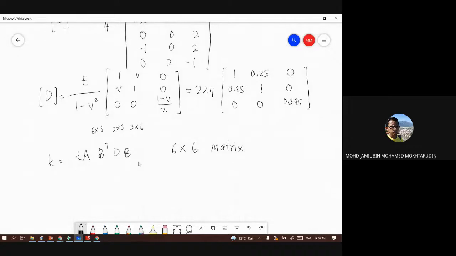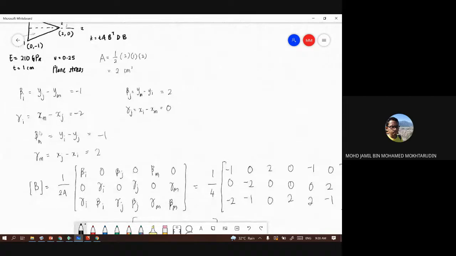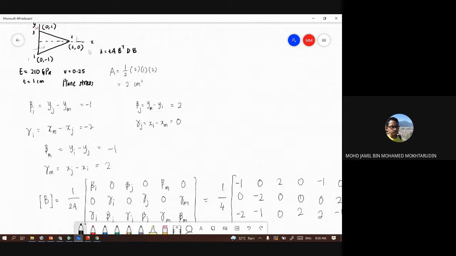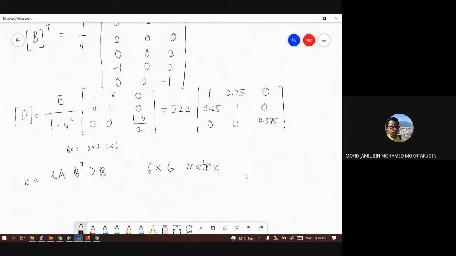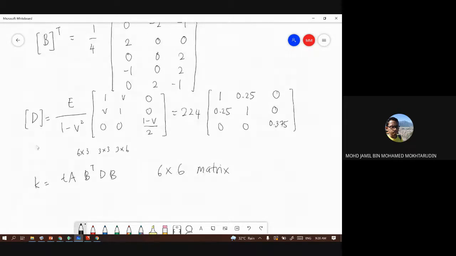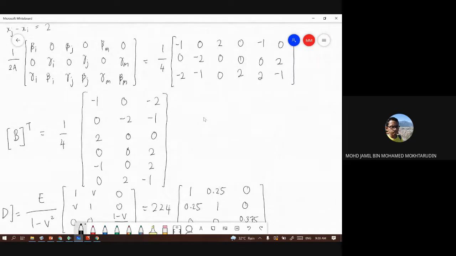So find all of these one by one. Find T first, and then A, and then B. To find B, you need to find beta and gamma, so you refer to the coordinates of the triangle. After that, you can find the matrix D. Usually it's plane stress, so use the formula for plane stress. Then you need to transpose B. Make sure you flip the matrix over.